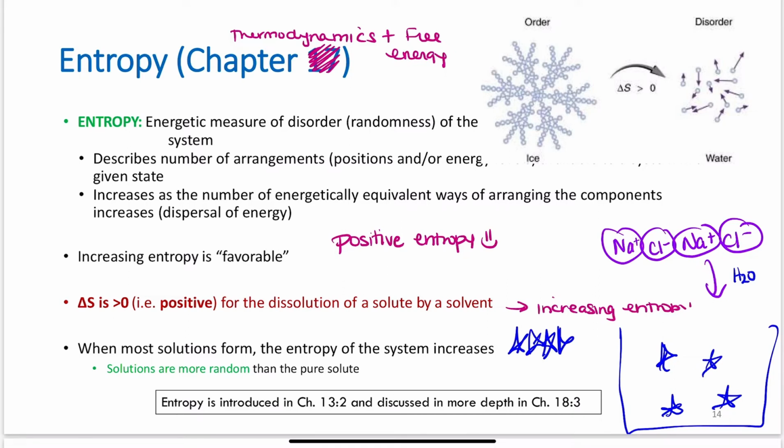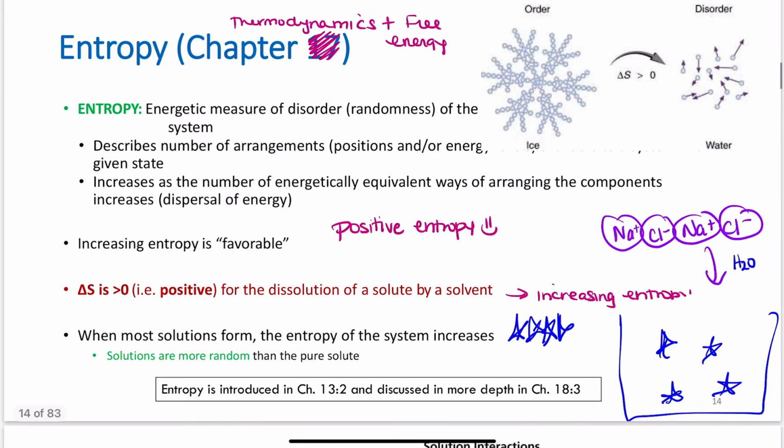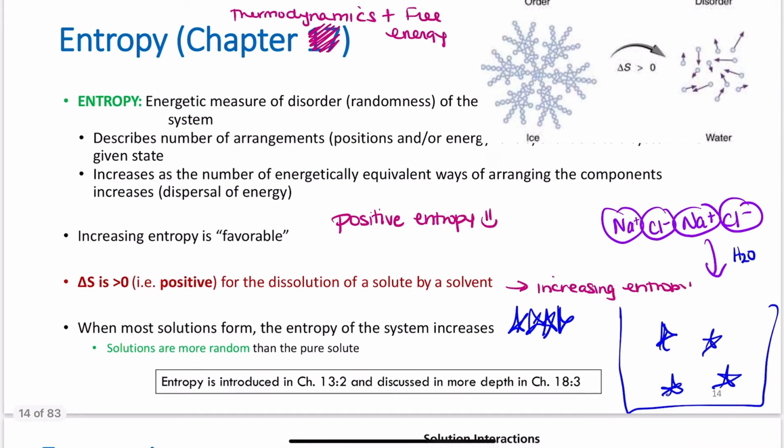When most, not all, when most solutions form, the entropy of the system increases. Solutions are more random than pure solvent. Entropy is introduced in this chapter, but again, we will go more in depth in a later chapter. But you do need to understand the basics of entropy and understand that the more disordered the system, the more microstates, the more favorable it is for that solution to form.